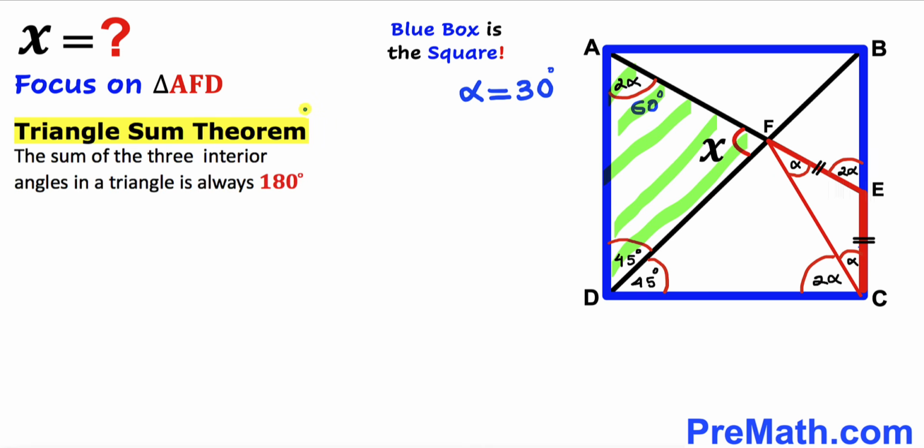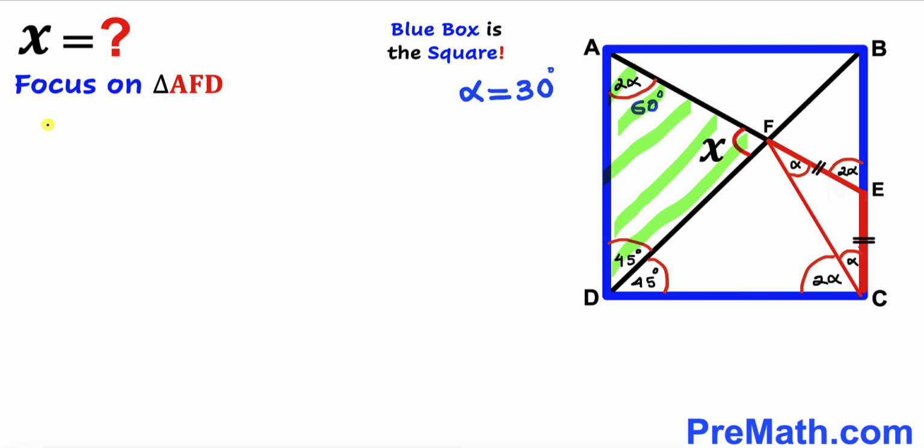Now let's recall the triangle sum theorem. According to this theorem, the sum of the three interior angles in a triangle is always 180 degrees. So the sum of these three interior angles, X, 60 degrees and 45 degrees, must be equal to 180 degrees.